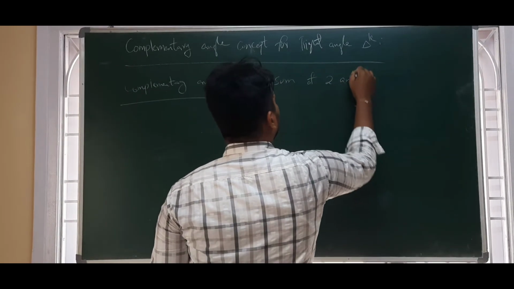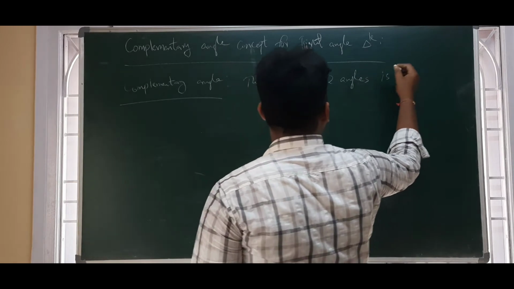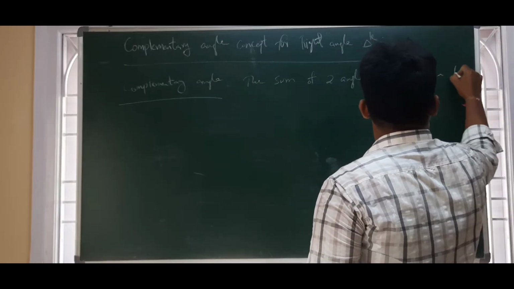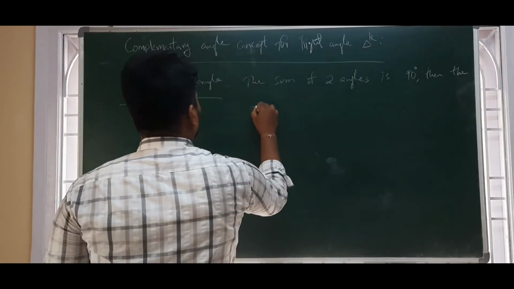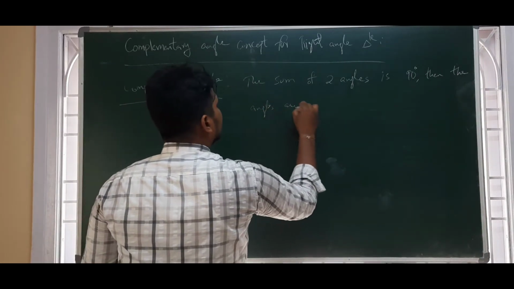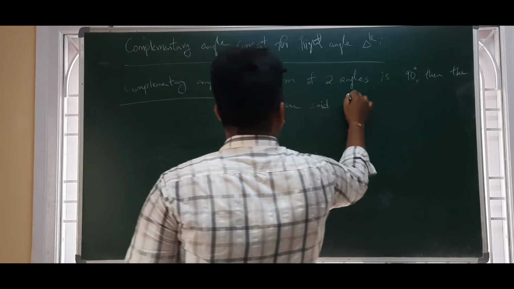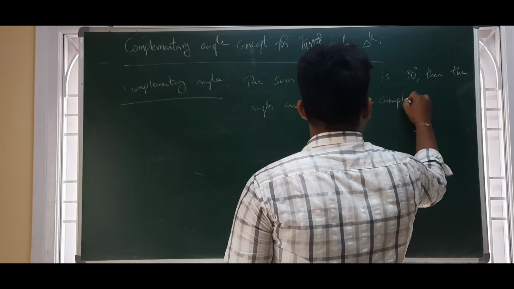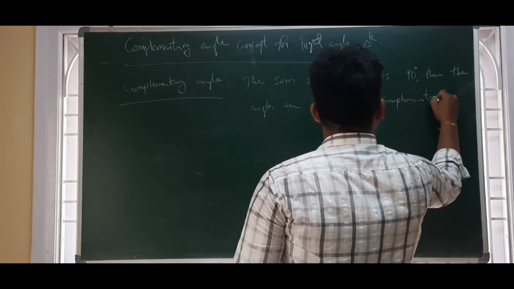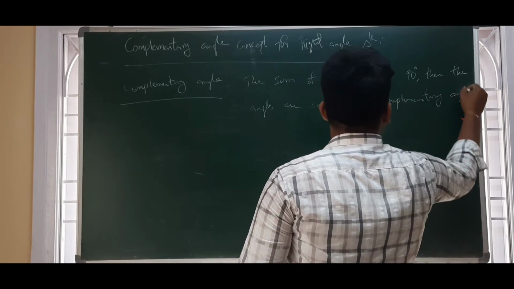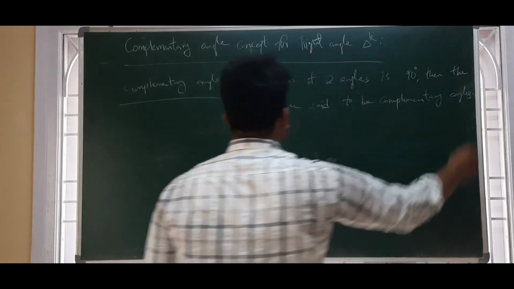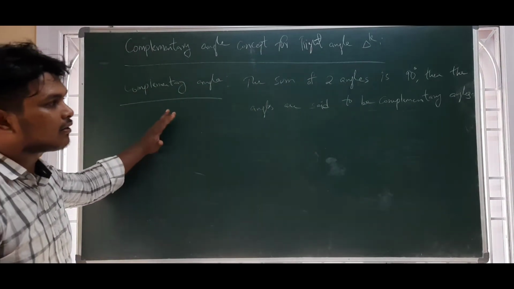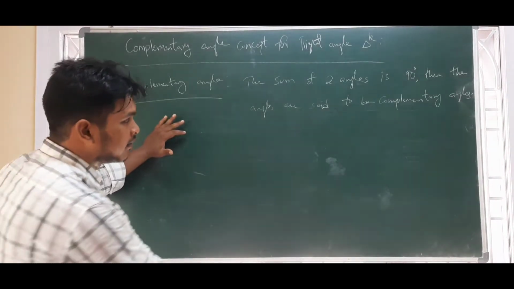If the sum of two angles is 90 degrees, then the angles are said to be complementary angles. The sum of two angles is 90 degrees. Then the angles are said to be complementary angles.